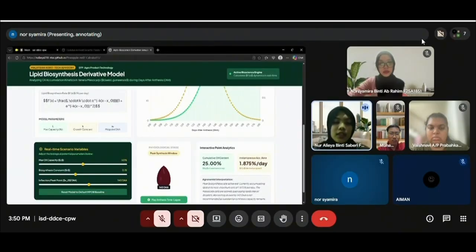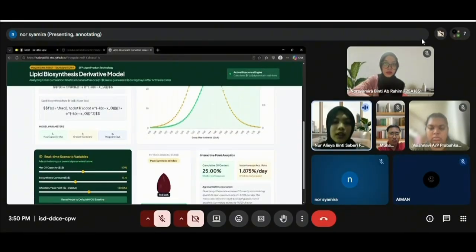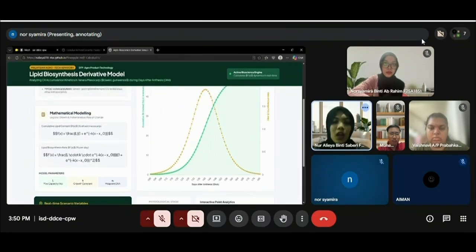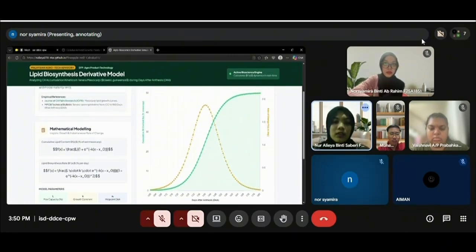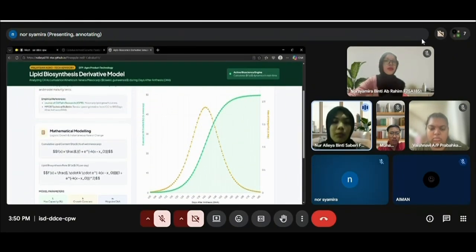For this analysis, cumulative CO2 production data was collected over a period of time. This value represents the total amount of carbon dioxide released by the fruit bunches during storage. As time increased, the cumulative CO2 value also increased because respiration continuously occurs.